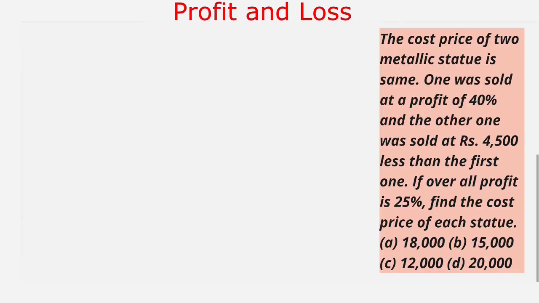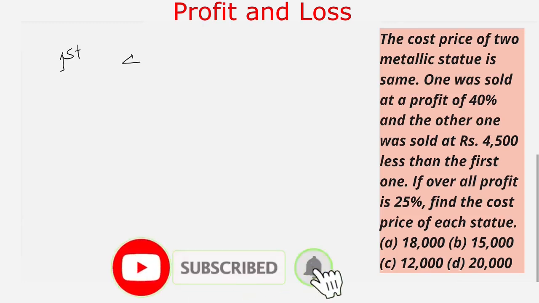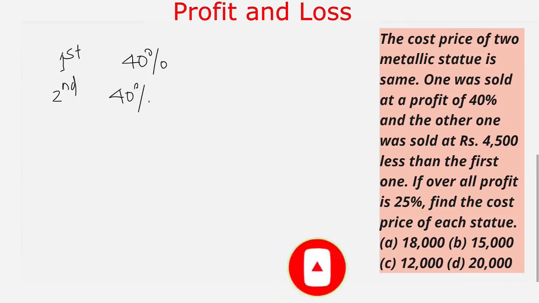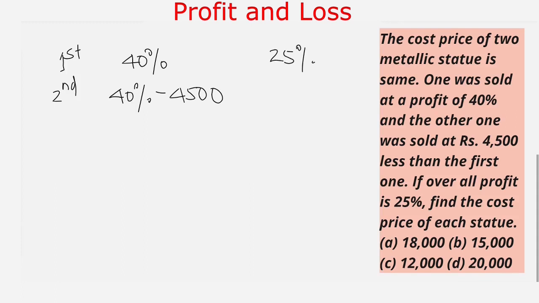We solve the question. The first statue was sold at 40% profit and second statue was sold at 40% minus 4,500, and overall profit is 25%. It means that the first statue also earns 25% and second statue also earns 25% if we calculate the overall percent.